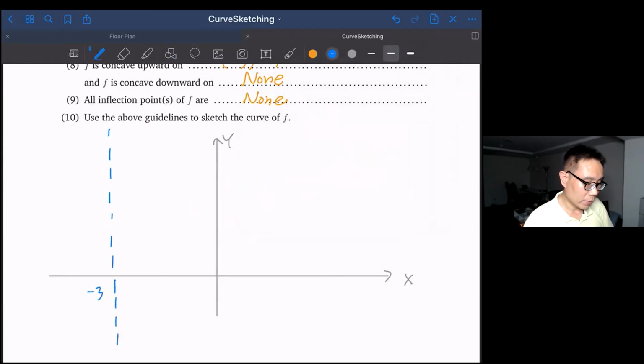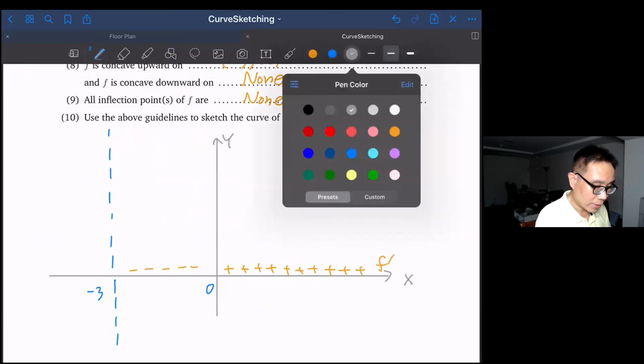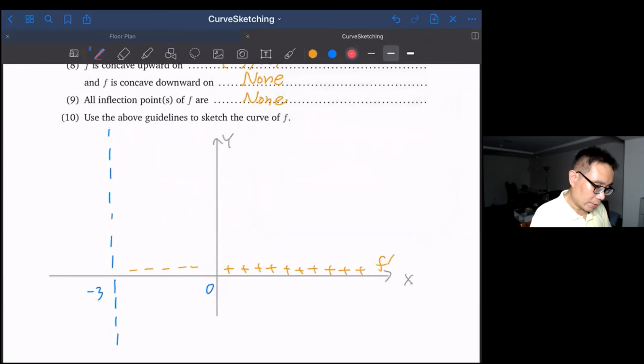Okay, and you have the important point, which is 0. Okay, and you're gonna put the sign. So you have negative, positive for f prime, and you have positive all the time for f double prime.